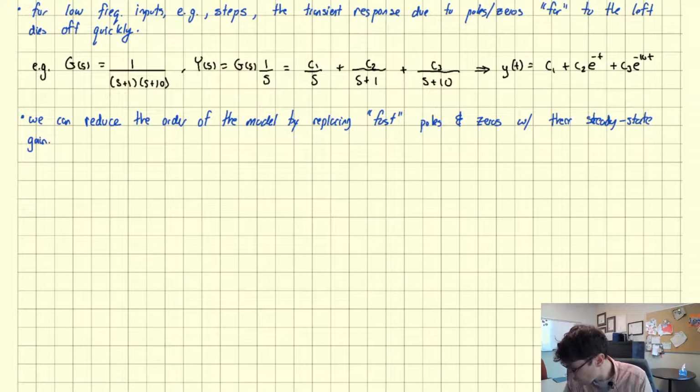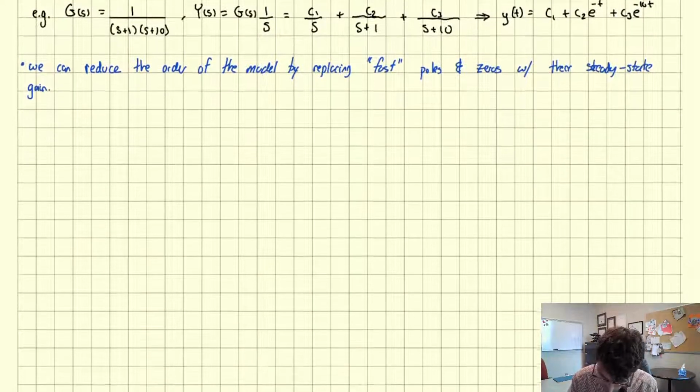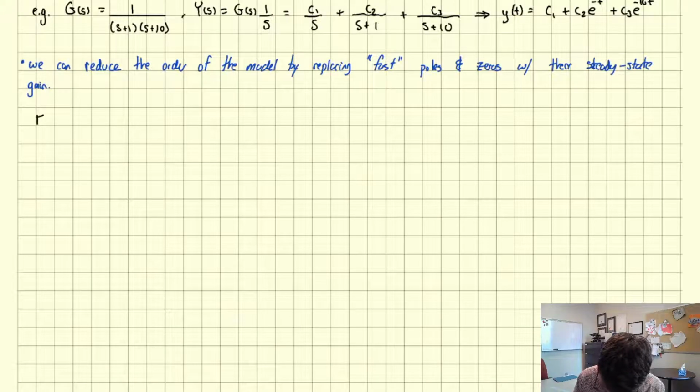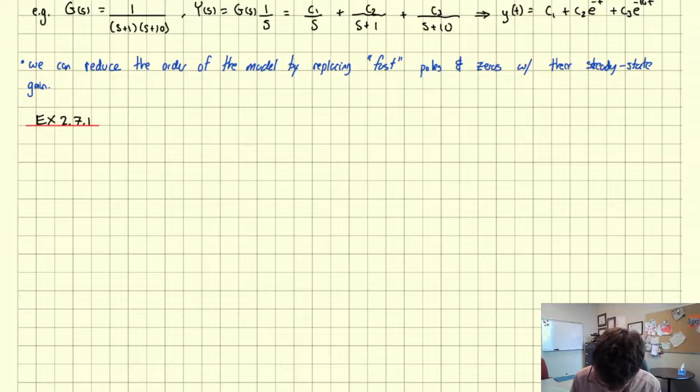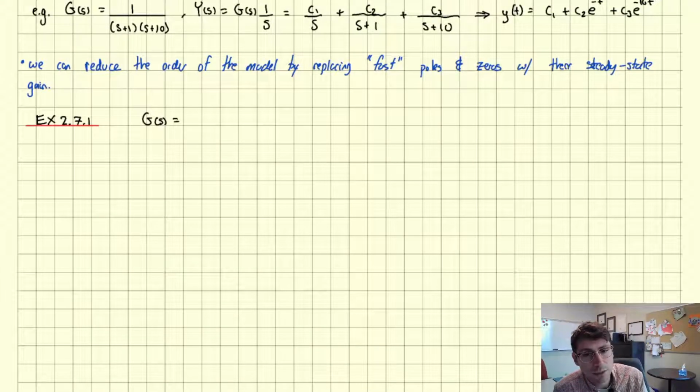All right. So let's do an example of this, and then we'll move on. This is example 271. Okay, so the example is meant to show model reduction, so reducing the order of the transfer function G. So G in this case, let's write it out.